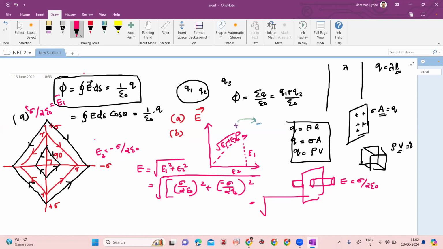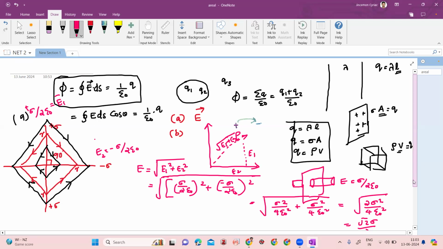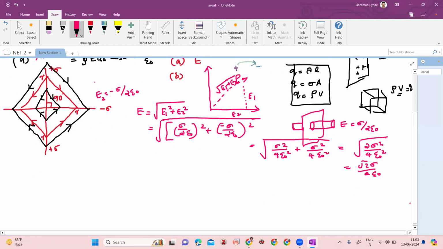That is equal to the square root of sigma square by 4 epsilon 0 square plus sigma square by 4 epsilon 0 square. Adding together, it is 2 times sigma square by 4 epsilon 0 square, under the root, which is equal to root 2 sigma by 2 epsilon 0.